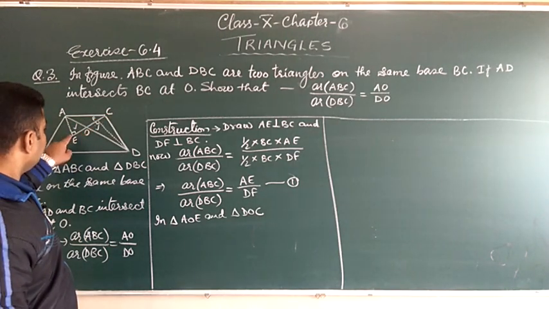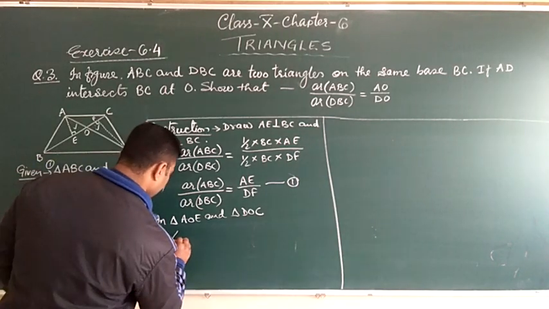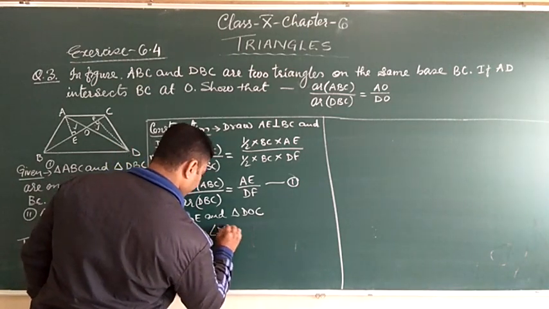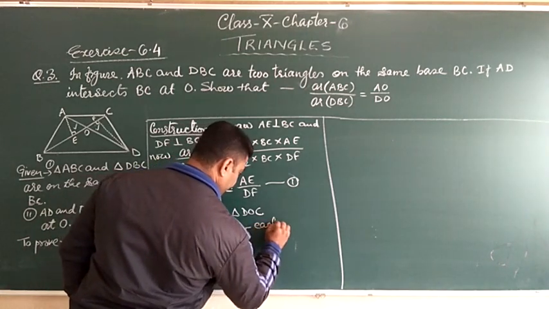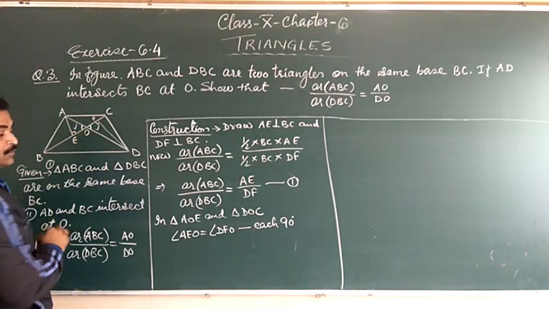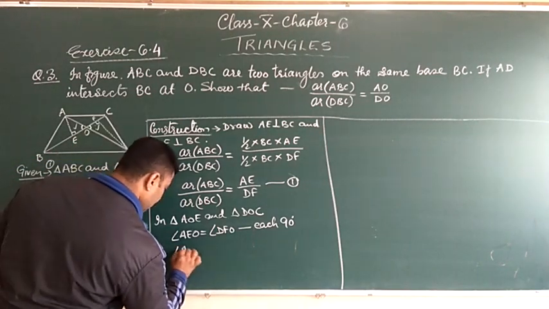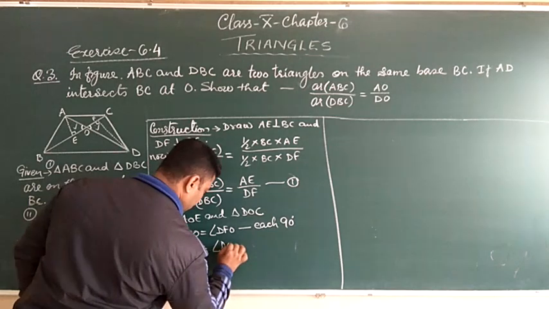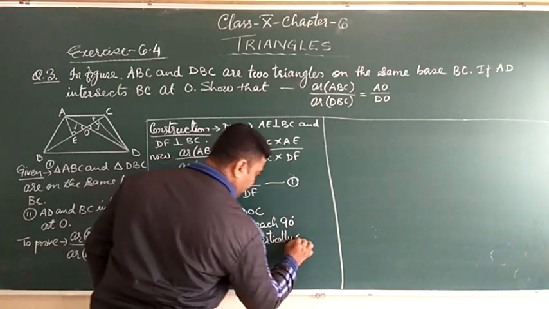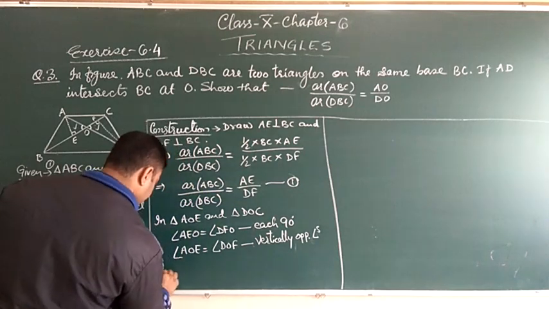That means angle AEO and angle DFO are equal, each 90 degrees. And these two angles are vertically opposite angles, is it? So angle AOE is equal to angle DOF, vertically opposite angles. Clear?